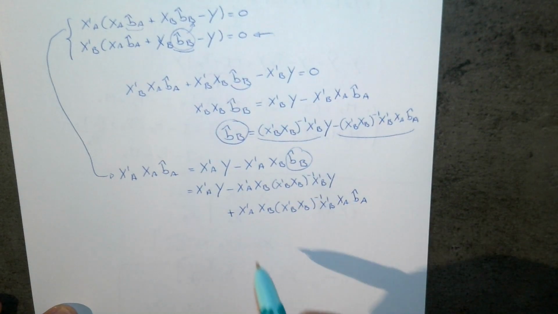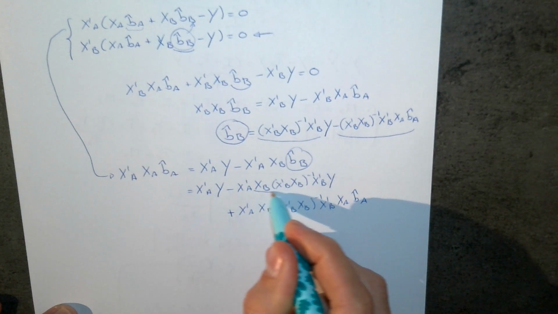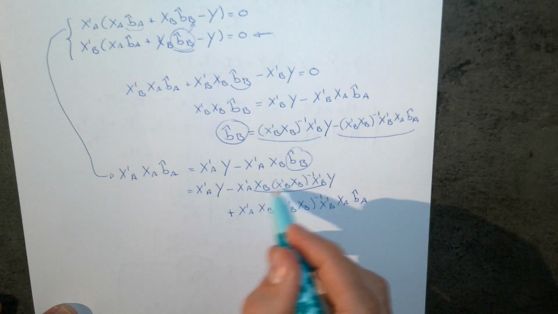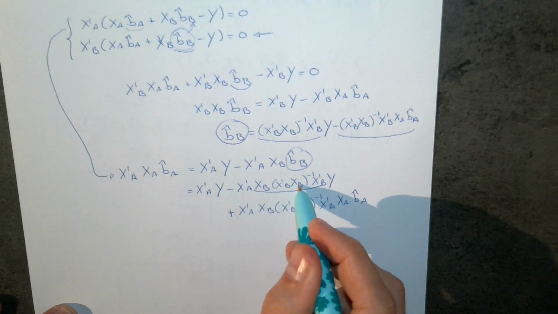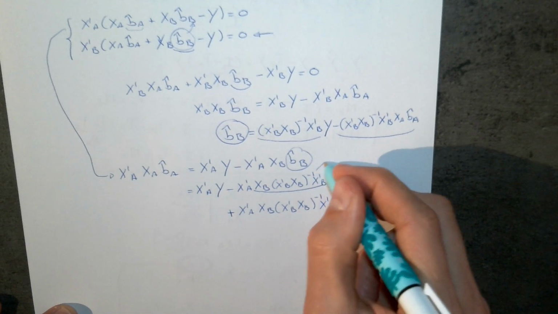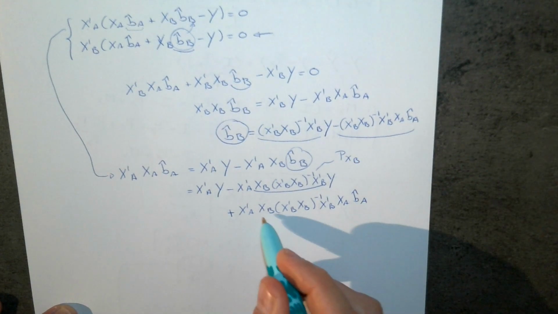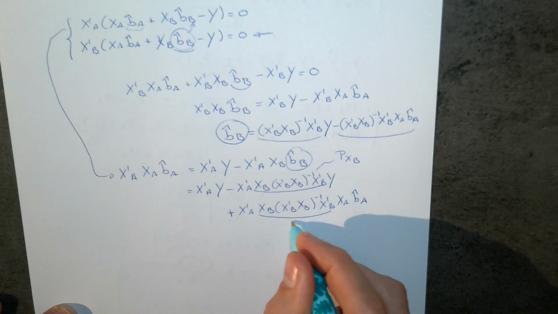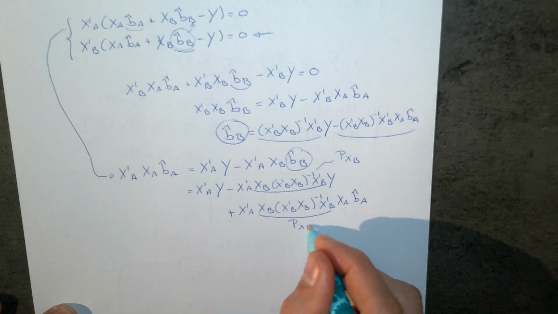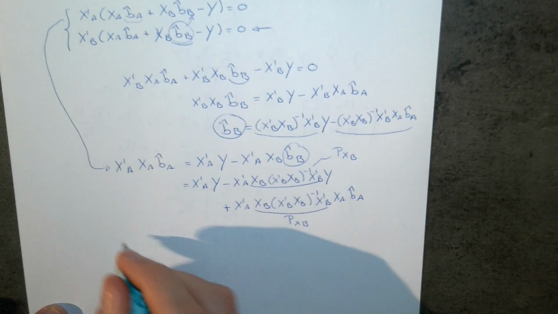Okay, so one thing to notice is that this here, xb (x prime b xb) inverse x prime b, is nothing else than the projection matrix pxb. And here we have the same thing, right? This is the projection matrix pxb. So this simplifies a little bit the notation.